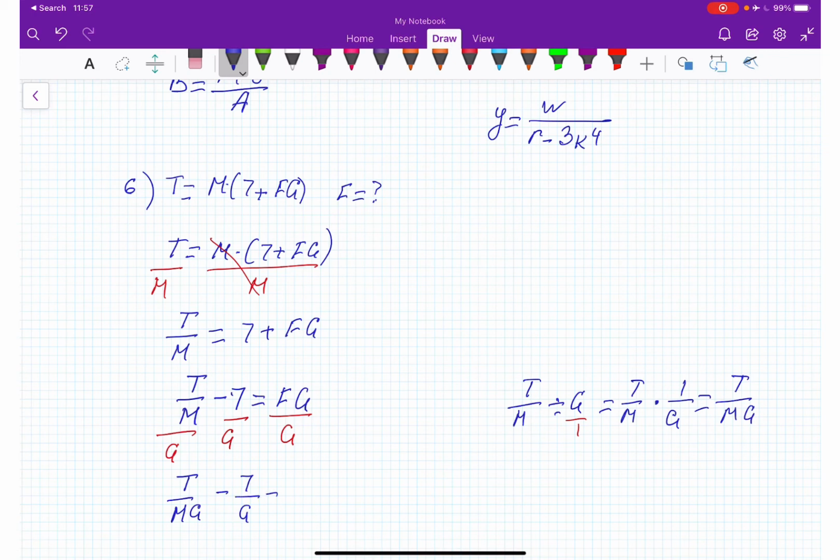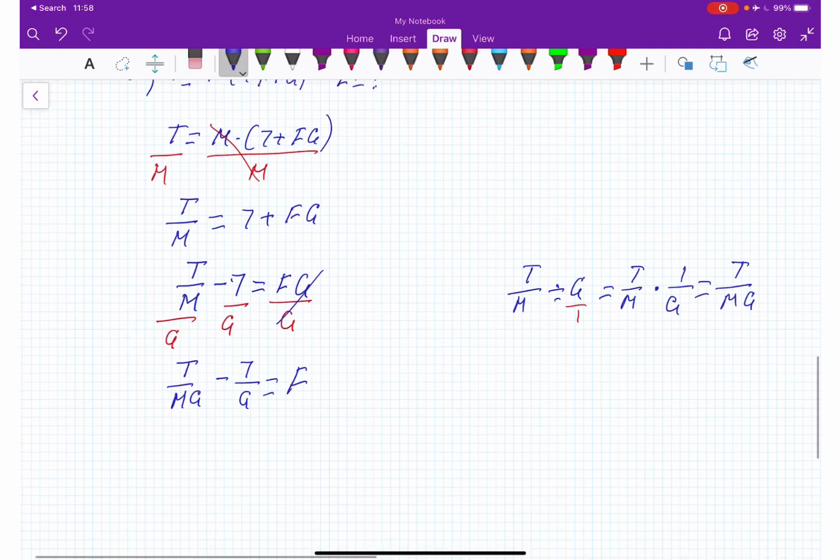g is equal to f. If we don't want to have two fractions here, I can bring them to a common denominator, mg and g. Let me rewrite.